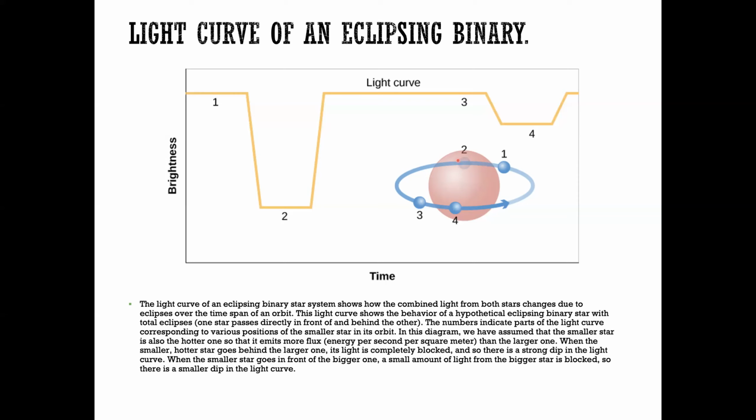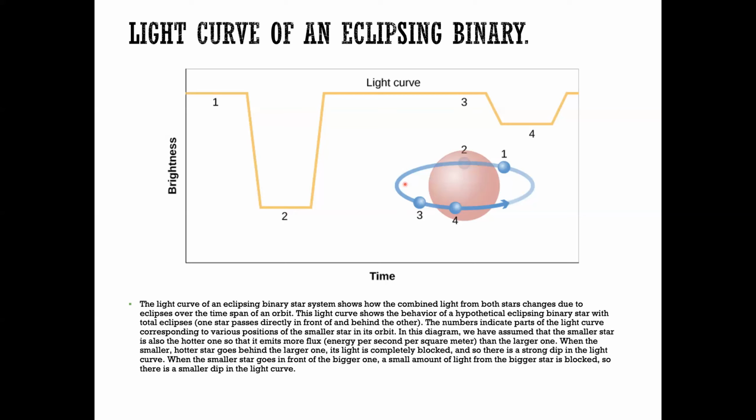It has completely blocked this smallest star, right? So what that means is you should see a drop of light, right? So that's what this particular curve means at point 2. So it drops the light up to position 2 because the light from the smaller star you cannot detect, right?